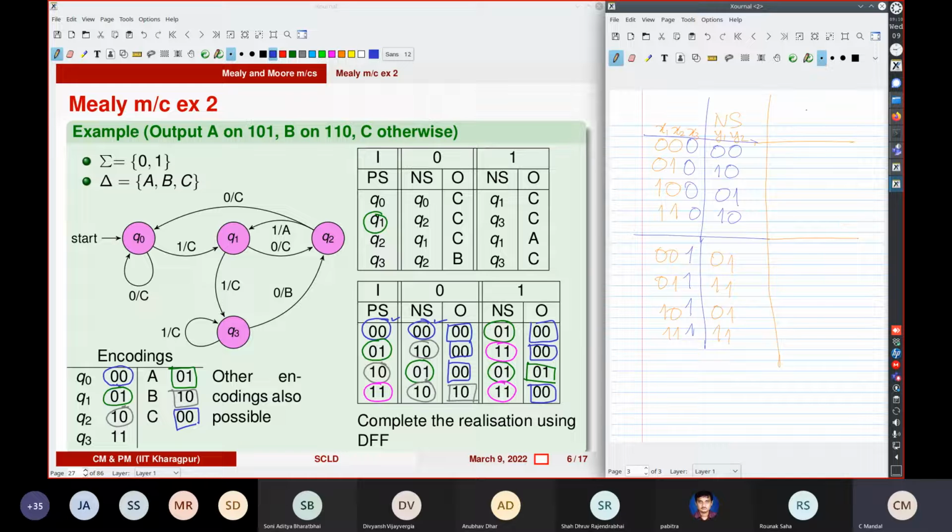Just by gathering this, the output function, let us say Z1 and Z2, will be 0, 0, 0, 0, 0, 0, and 1, 0, and here it is 0, 0, 0, 0, 0, 1, and 0, 0. So this is for the given encoding.